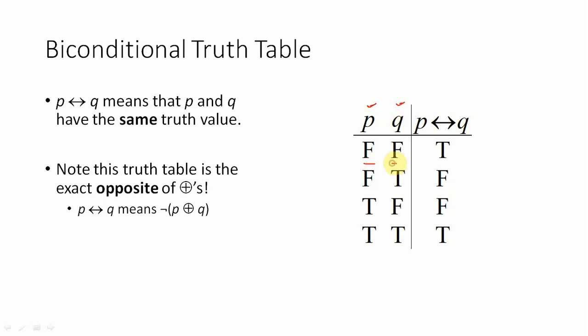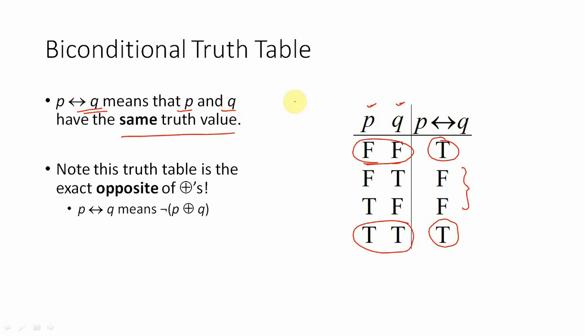They can both have the same value, either both false or both true. In both cases the biconditional is going to be true. In the two remaining cases the biconditional is false. So P biconditional Q means that P and Q have the same truth value.